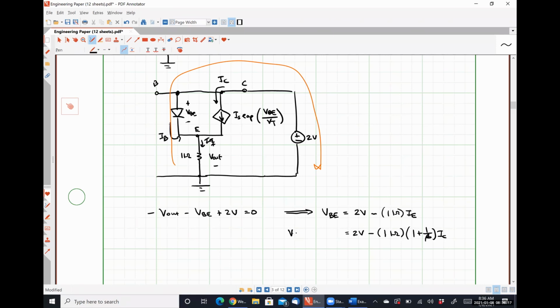And so we'll have VT natural log of IC over IS. This is extraordinarily similar to one of those equations we would have gotten analyzing a diode circuit, right? Because that's really what this thing kind of is. So we can use our calculator and solve this guy for IC. So take a minute and do that.